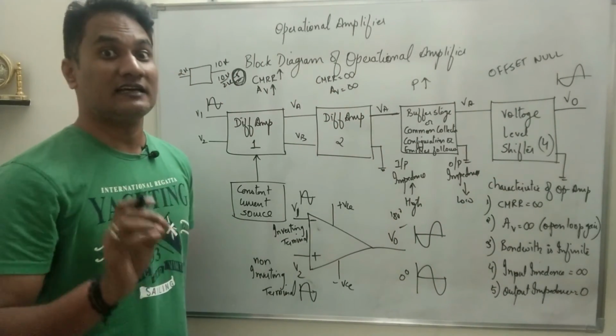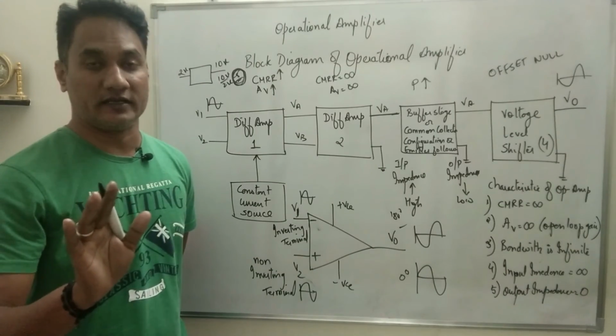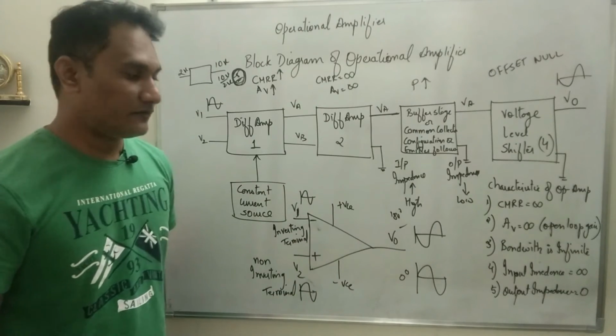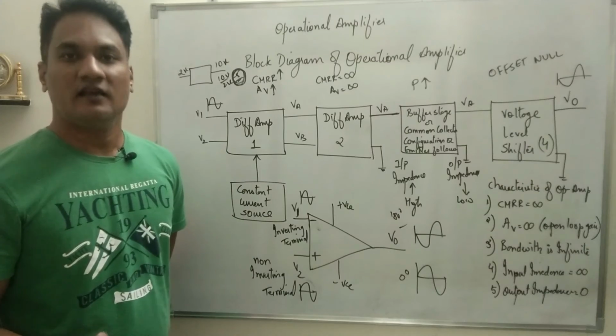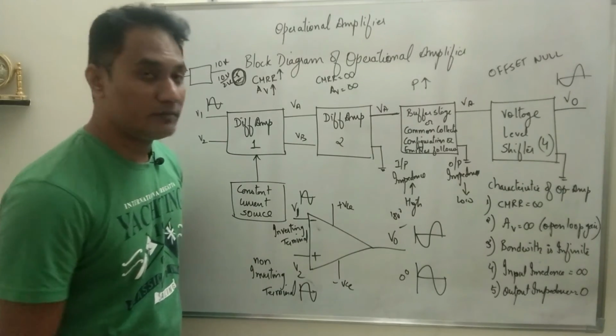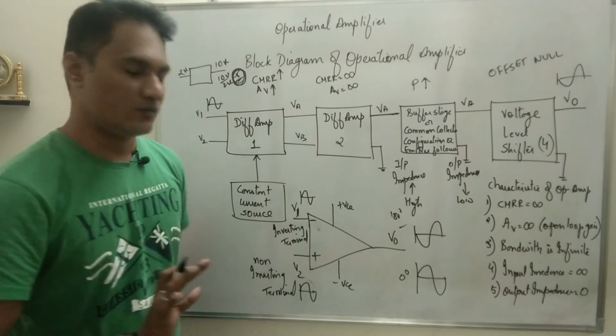I'm considering ideal characteristics of the op-amp, not practical ones. Okay, it is ideal characteristics, that's why I'm giving specific values. Of course input impedance cannot be infinite, it will have a certain value but it will be very, very high. Similarly output impedance will not be 0, it will have some value but it will be very, very small.